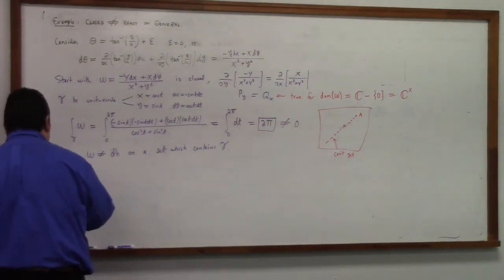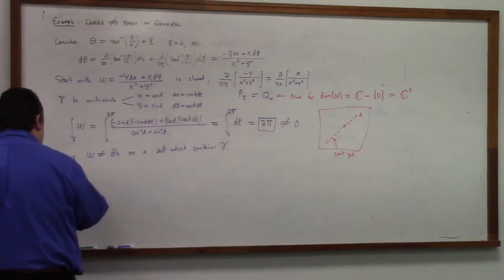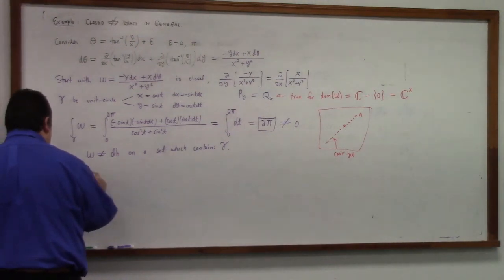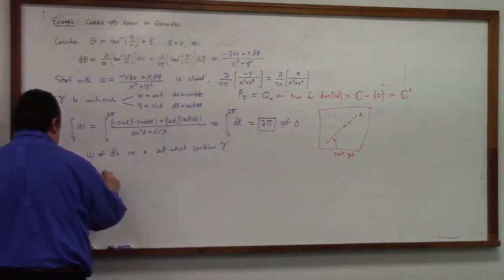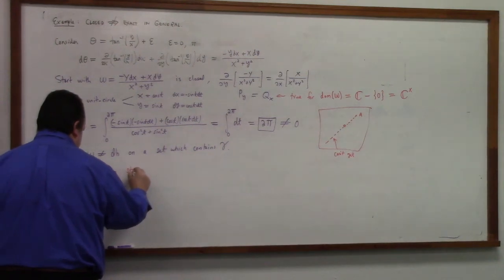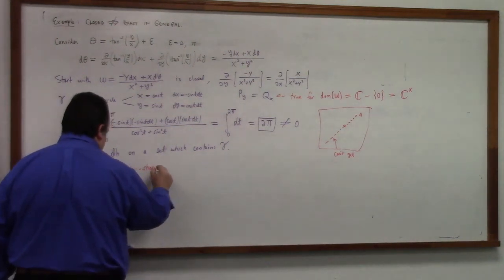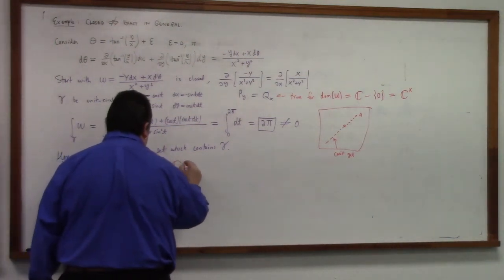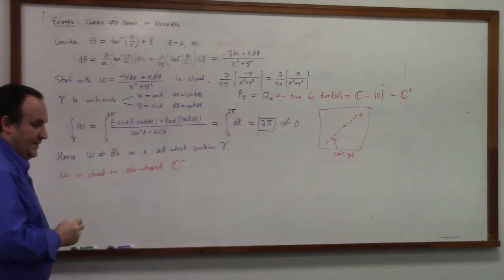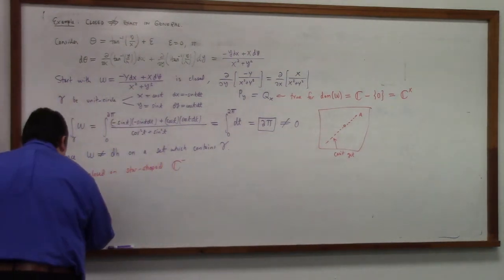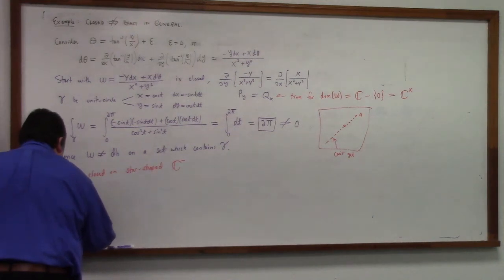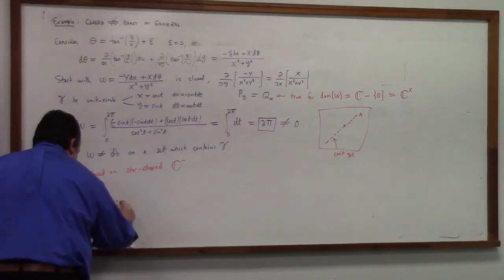But we could also look at it this way. Omega is closed on the star-shaped slit complex plane, right? And so if you want, you could use 1 as a star center.